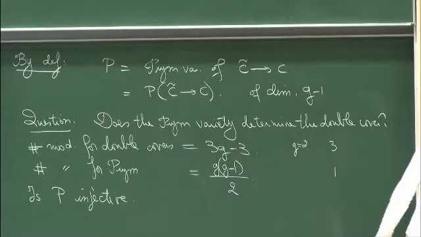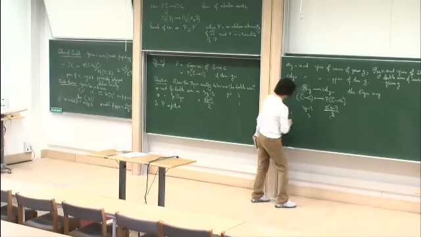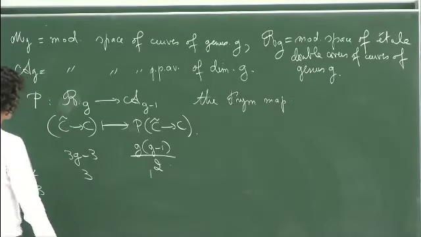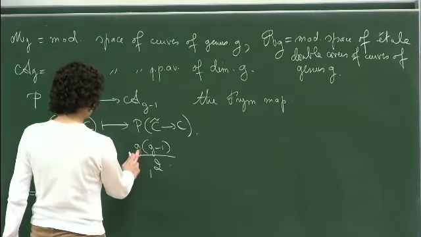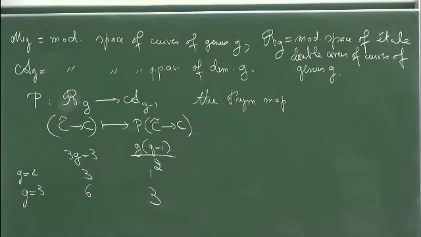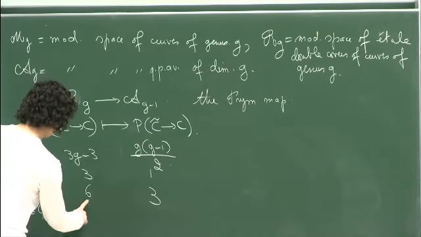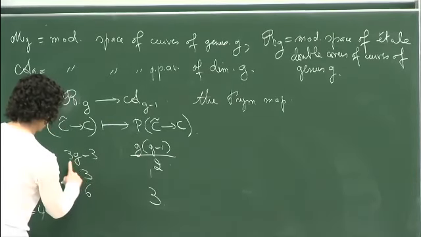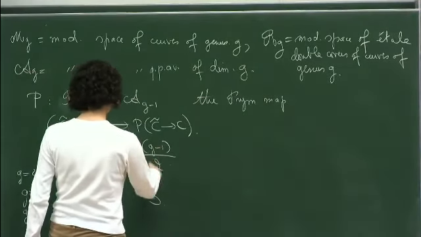So let me write them here. G equals 2, you get 3 here, 1 here. G equals 3, what do you get? You get 6 here, and 3 here. It's again not possible. And g equals 4, you get 9 here, 4 times 3 over 2, you get 6 here.